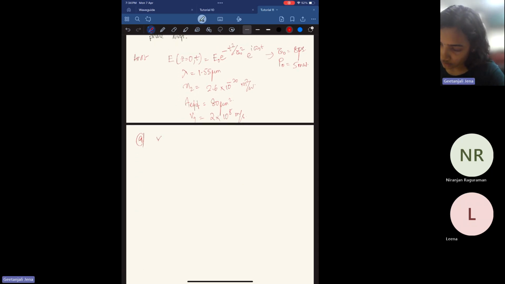So gamma, if you recall, is K0 over A effective, where K0 can be written as N2 omega 0 over C, and omega 0 is 2 pi C over lambda.